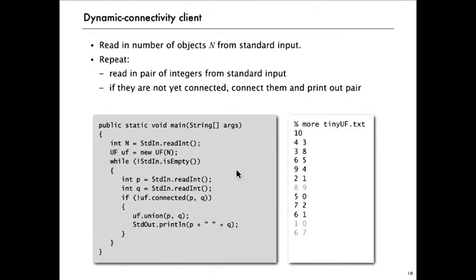What the client does is first read the integer from standard input and create a UF object. Then, as long as standard input is not empty, it reads 2 integers from the input. If they're not connected, then it'll connect them and print them out. If they are connected, it'll ignore them. So that's our test client, and that's a fine test client to make sure that any implementation does what we expect that it will.